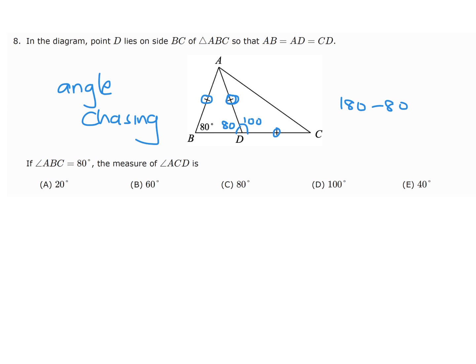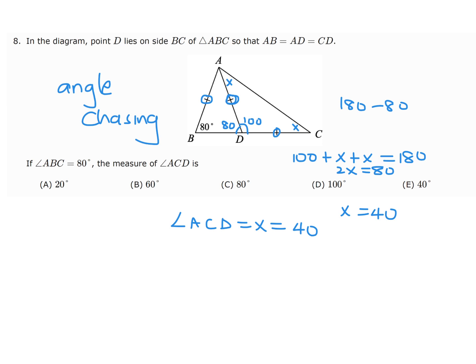So that means ADC is also isosceles, so this and this are the same. So 100 plus 2x is equal to 180, and therefore 2x would be 80, and then x is 40. And what do they want? Angle ACD. I have labeled that x, and I calculated that to be 40. So therefore number 8 is E.